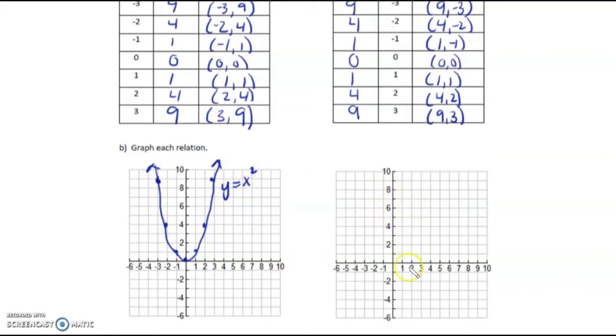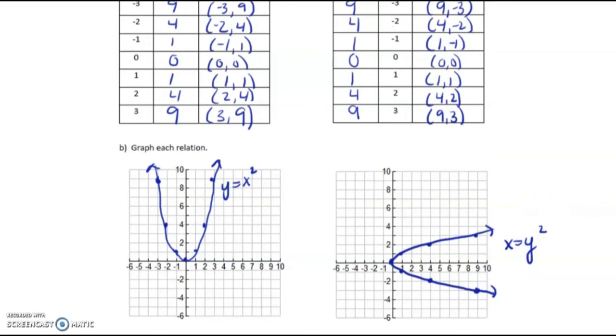Now, let's graph this one: (9, -3), (1, 2), (3, 4), (-2, 1), (-1). As we can see, this is just like a parabola, except it's on its side, and we're actually going to study this this year. So this is y equals x squared, or x equals y squared.